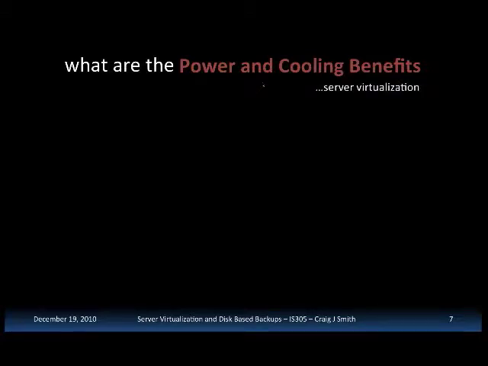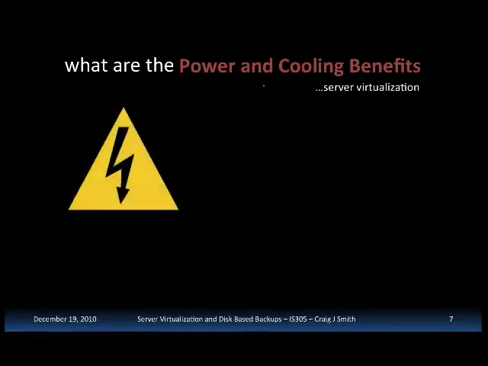Last but not least, let's talk about what the power and cooling savings are. As more and more companies begin green initiatives, reducing the physical count of servers can help achieve those goals. Studies have shown that power is costing roughly 50 cents for every dollar spent in capital spending. This makes a typical 2 CPU server cost around $589 annually in electricity costs.